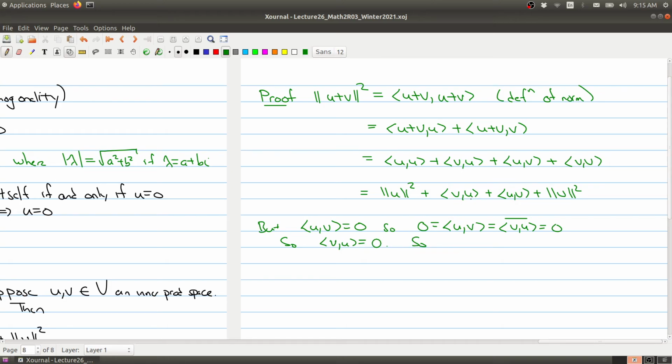That means these two terms disappear. So at the end of the day, the norm of u plus v squared is equal to the norm of u squared plus the norm of v squared. And that gives us our proof of the Pythagorean theorem. The beautiful thing about this is that it works for any inner product space.